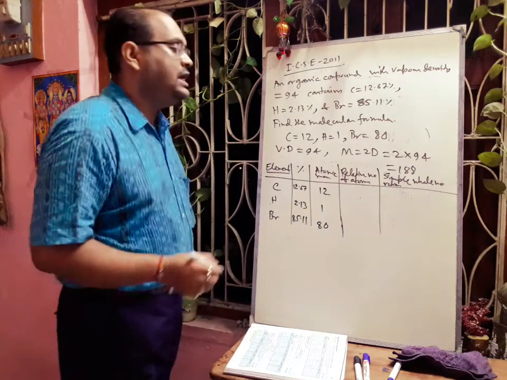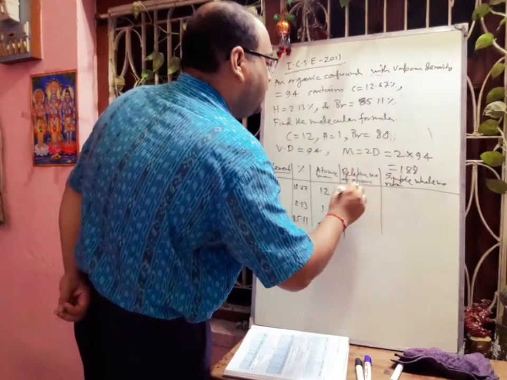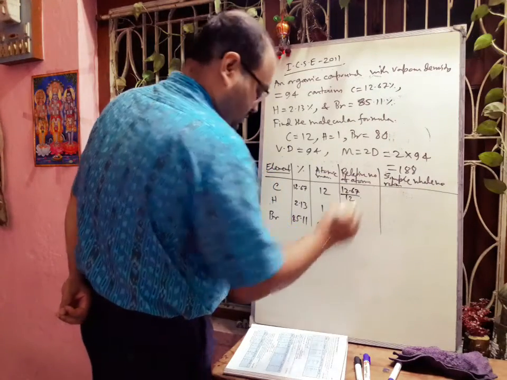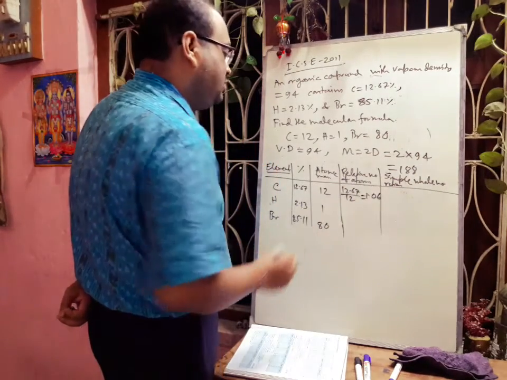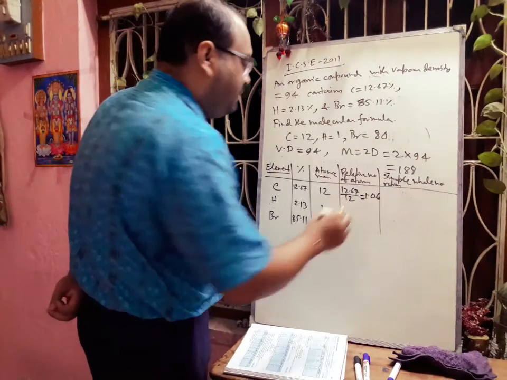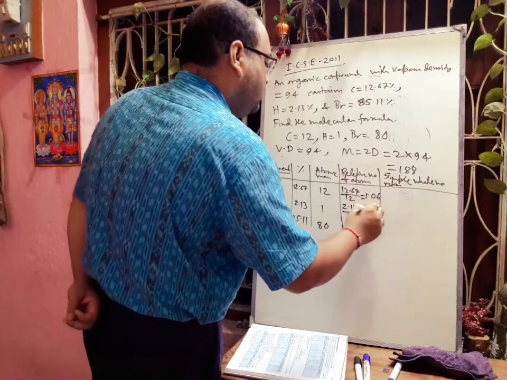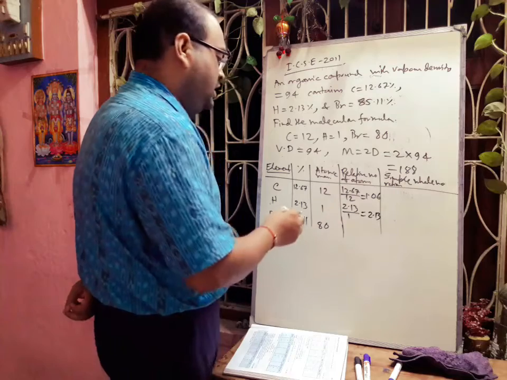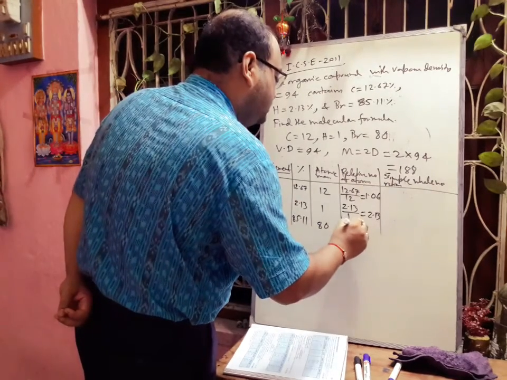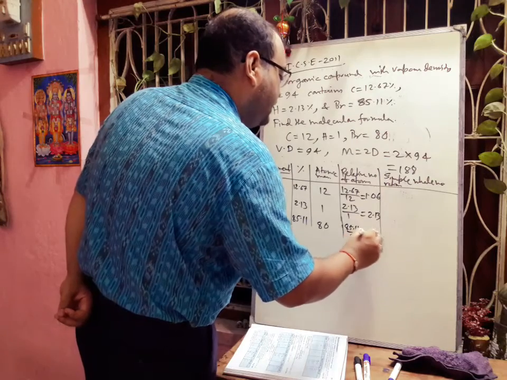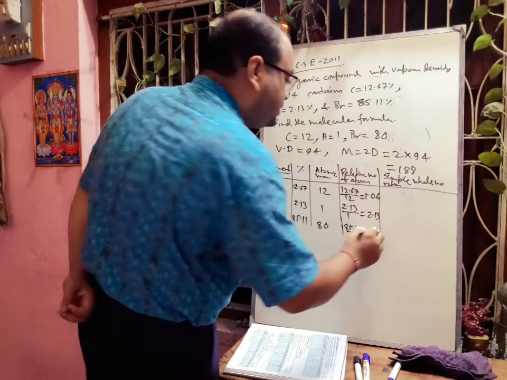Next, to find out the relative number of atoms, we have to divide: 12.67 divided by 12. If we divide, we will get 1.06. Next, 2.13 we have to divide by the atomic mass 1, we will get 2.13. Next is the bromine percentage, 85.11 divided by 80, we will get the value 1.06.